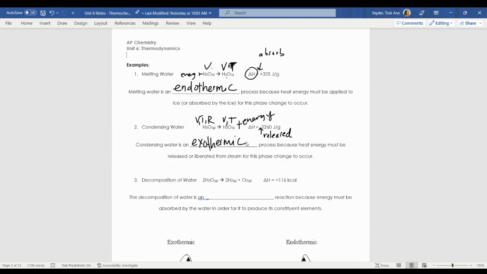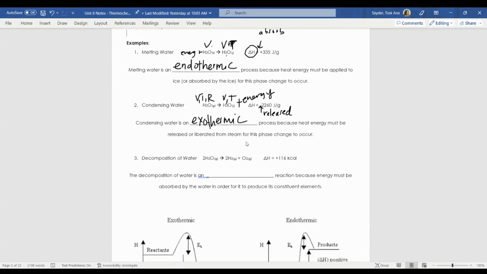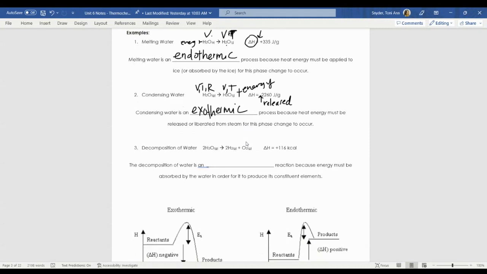Both of these two, melting water and condensing water, are both physical changes. However, we will also see this occur with chemical changes. So for example, the decomposition of water. If I look here, notice how my value for delta H is positive. This must mean that I have to input energy to my reactant side. Energy is a reactant here.